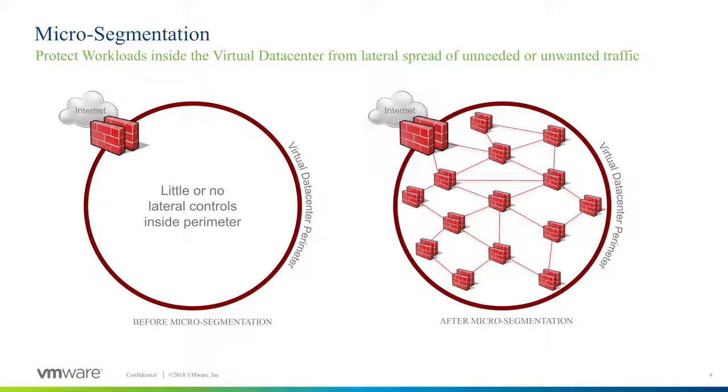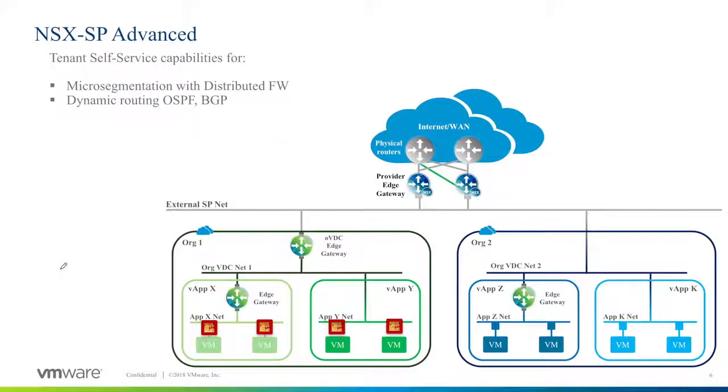Instead, if we apply micro-segmentation, we can grant lateral control inside the perimeter to all workloads. If we look at this diagram, we can see that with distributed firewalling enabled, every single virtual machine is protected by a firewall at the VNIC level. This is the so-called micro-segmentation. Let's see micro-segmentation in action.